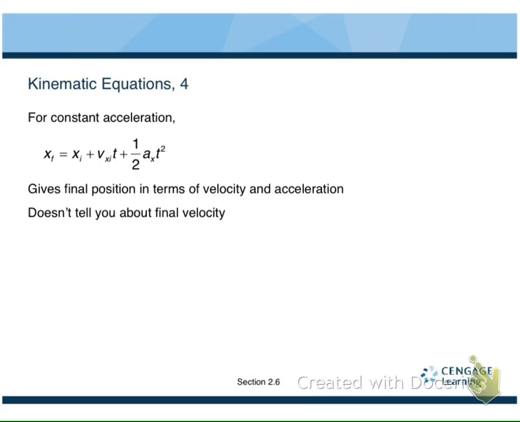Number 4, maybe this is the one we are all familiar with. This is the equation that describes the final position of the object in terms of the initial position, the initial velocity, and the constant acceleration.